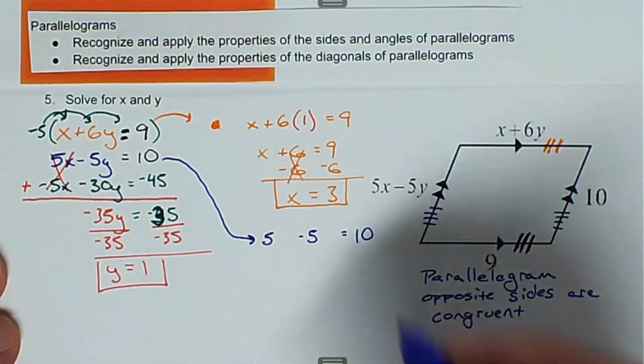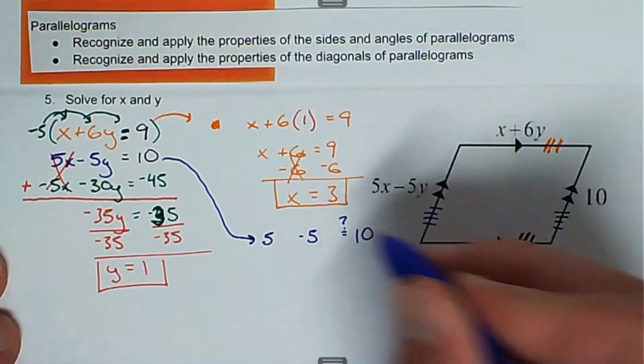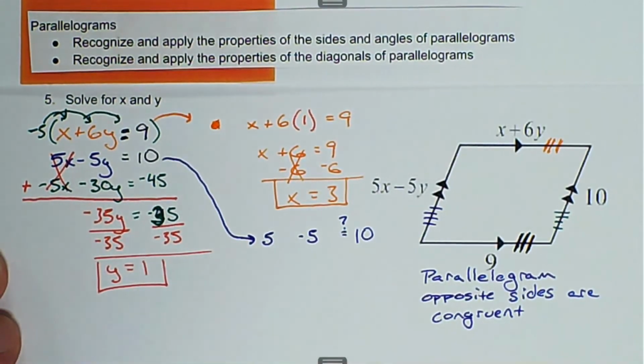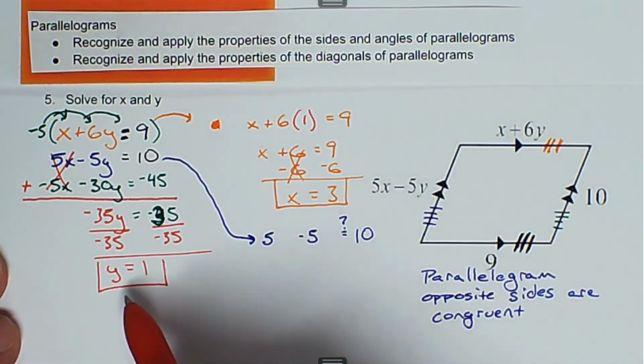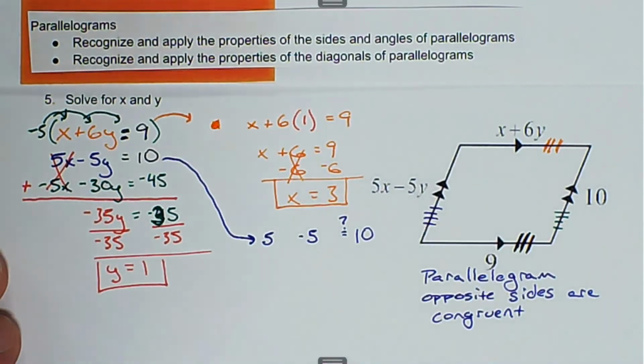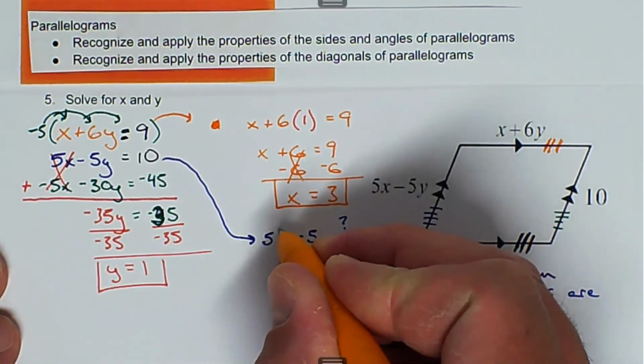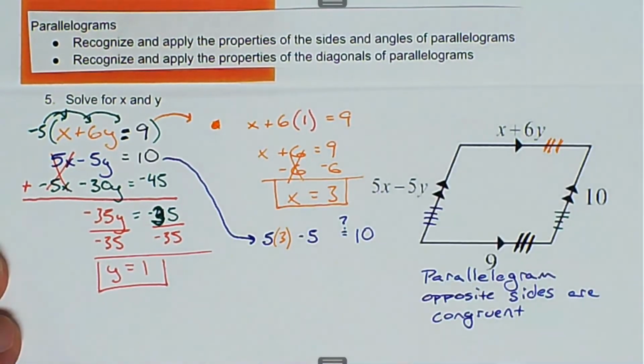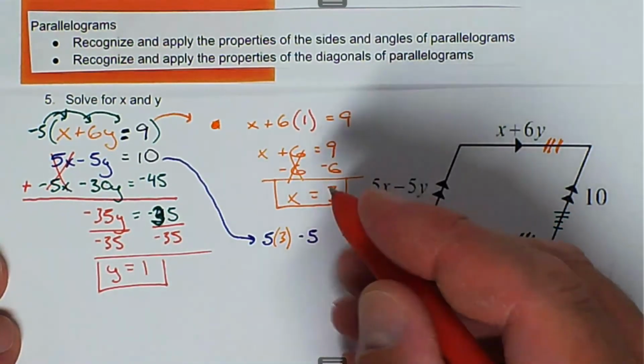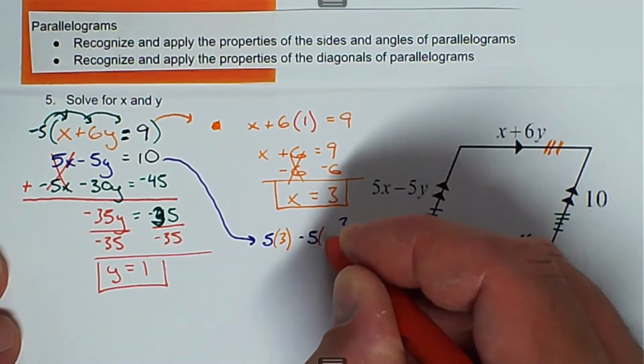We want to check to make sure that that is correct. So our x variable, we found out x is equal to 3. And our y variable, we found out y is equal to 1.